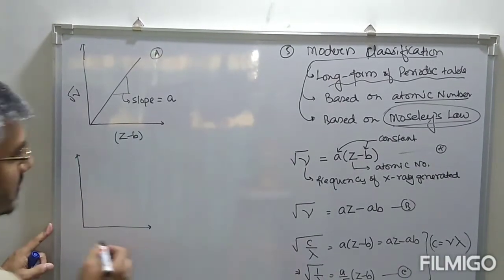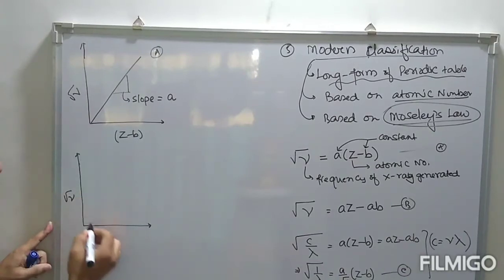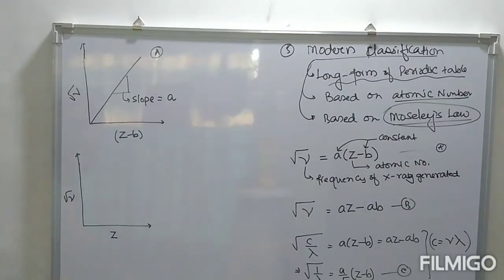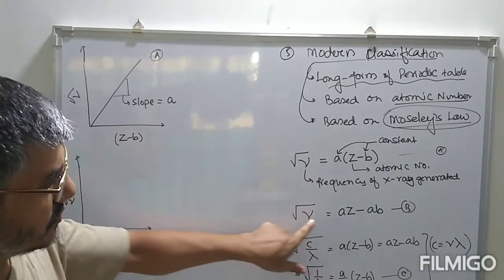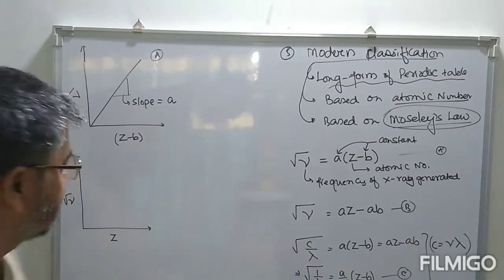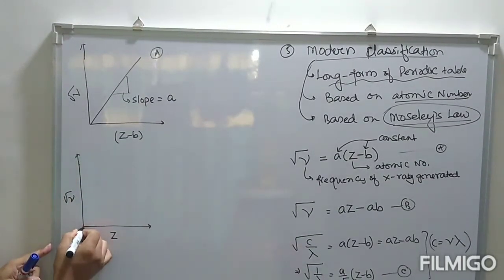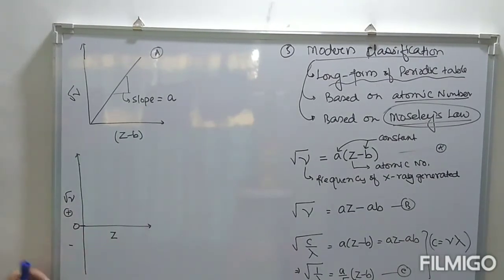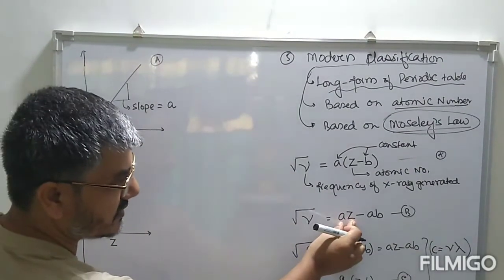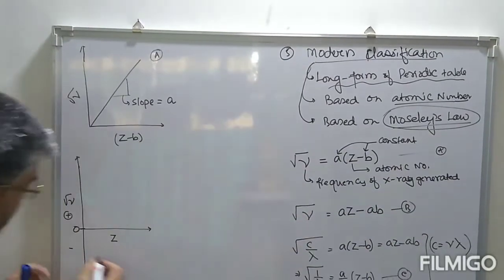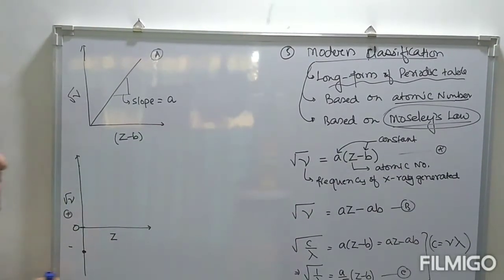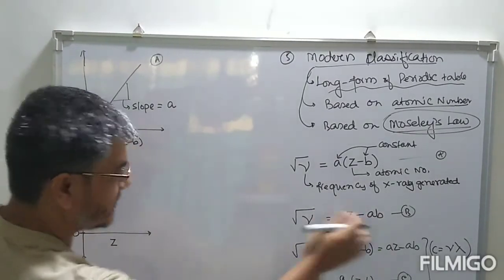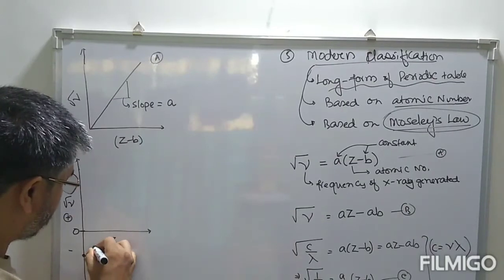Take this equation B, we have as usual frequency and Z. Now look at this. If Z equals 0, frequency is equal to minus AB. This is a positive value, this is negative. So when Z comes out to be 0, frequency is equal to minus AB. Now if the value of Z increases, this difference decreases, so this keeps on decreasing.